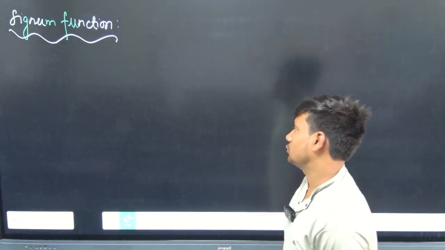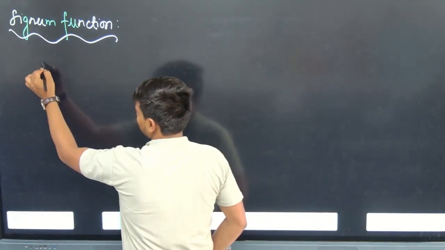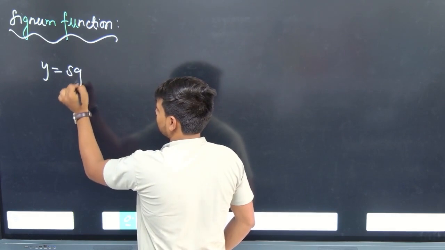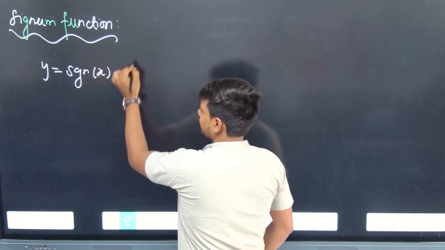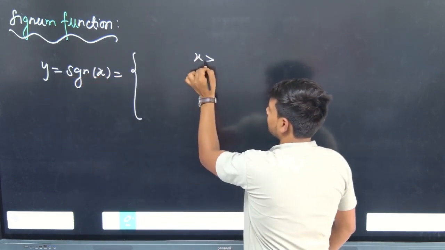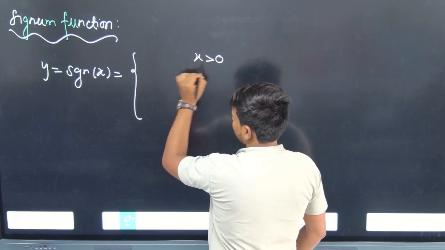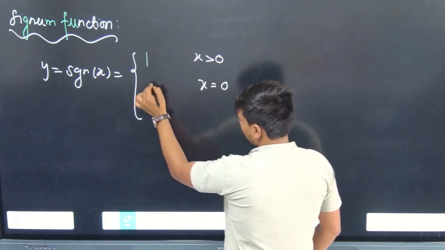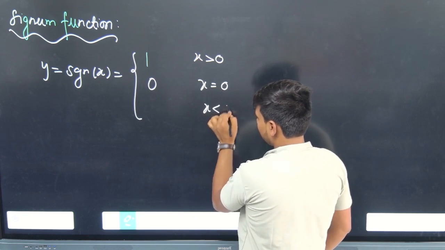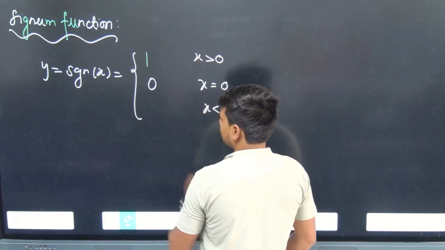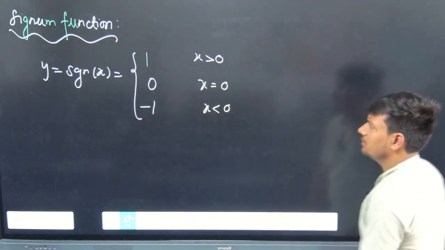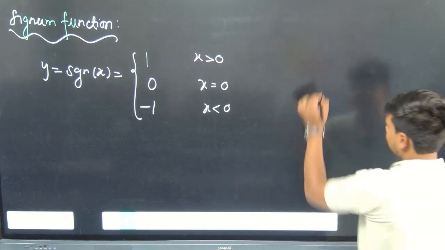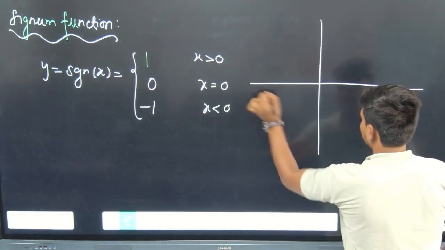Okay, so what is Signum function? So first we will define y equals Signum x, and it is defined as whenever we input a positive x, then it will give 1. When we put x equal to 0, it will give 0, and when we input x less than 0, then it will be minus 1. So the graph of Signum x is very easy. You can draw this.